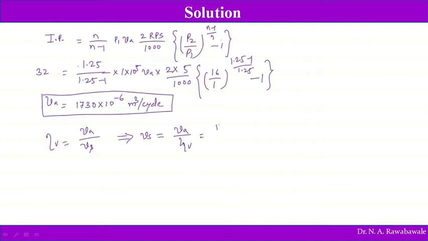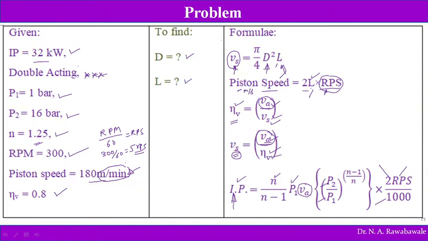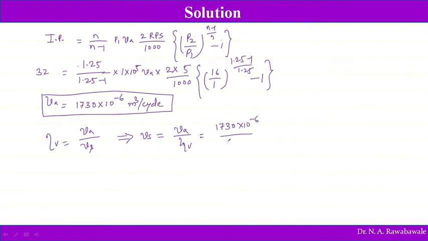So VA is known, 1730 into 10 to the power of minus 6. Volumetric efficiency, which is given in this problem, is 80%. 80% means 0.8, so divided by 0.8. So this is going to give us the swept volume as 2162 into 10 to the power of minus 6 meter cube per cycle.